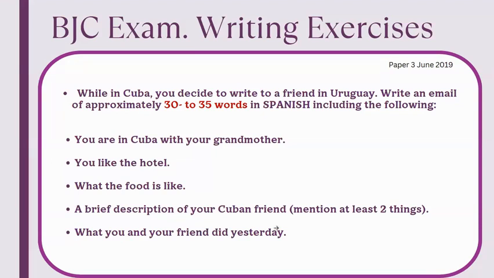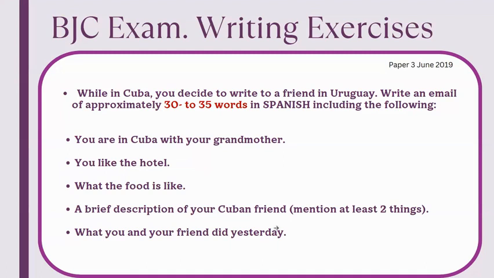Right. Okay, Miss McKinsey. What else would you want to mention in something like this? Okay, so for the hotel, you can say el hotel es grande, or el hotel es verde, to describe the color. You could talk about the color of the hotel as well.